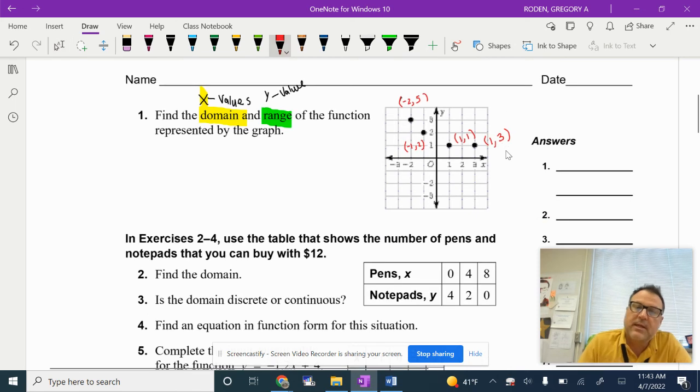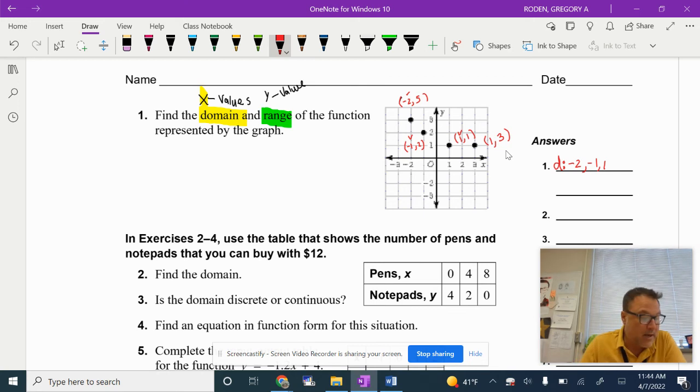So I'm going to put D for domain, and then I'm just going to list off all the different X values. -2 is in my domain, -1 is in my domain, 1 is in my domain, but look, there's another one, so I don't have to repeat it. I can just say -2, -1, and 1.